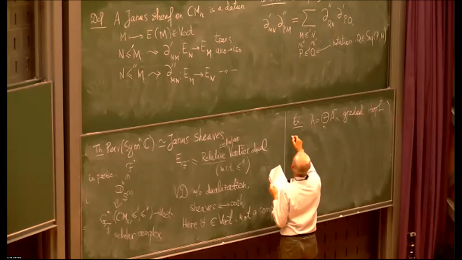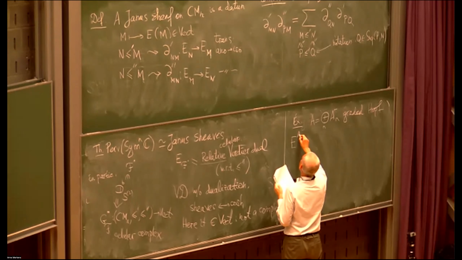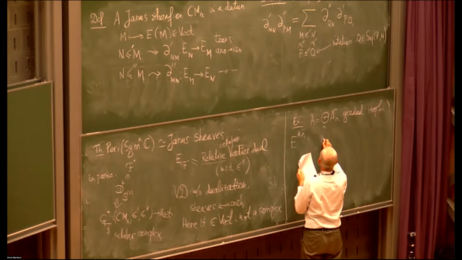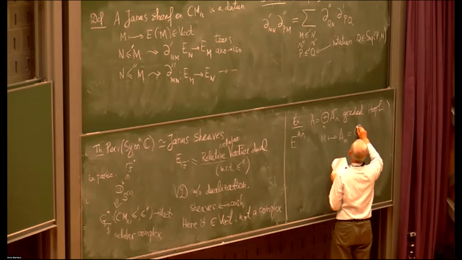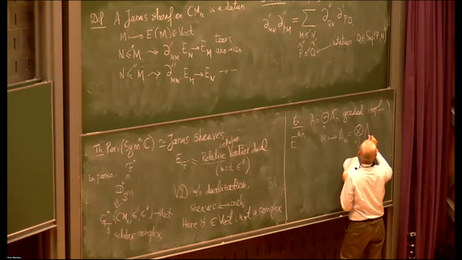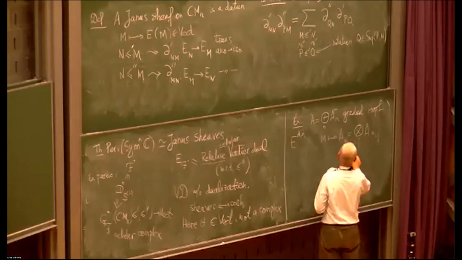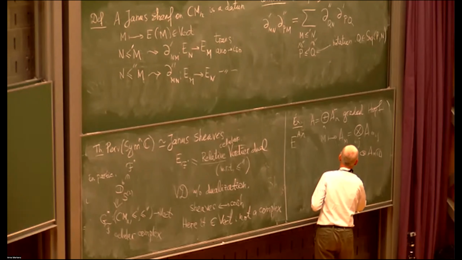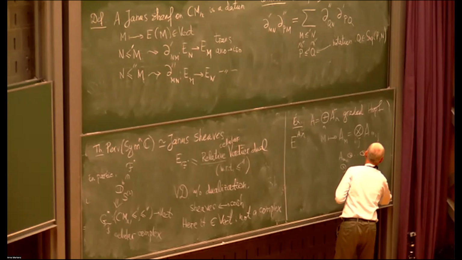For every n, let's consider E_A, and it sends every matrix M into, let me call it A_M, which is simply the product over all i,j of A_{M_ij}. So something like A_{M_11} tensor ... tensor A_{M_1L}, tensor A_{M_K1}, tensor ... tensor A_{M_KL}.